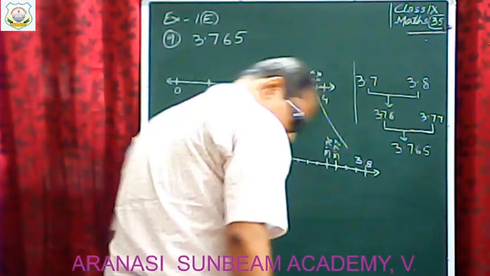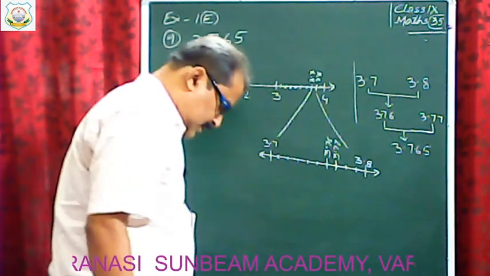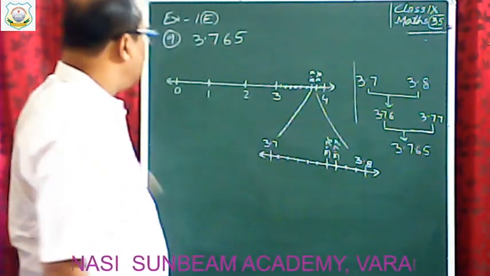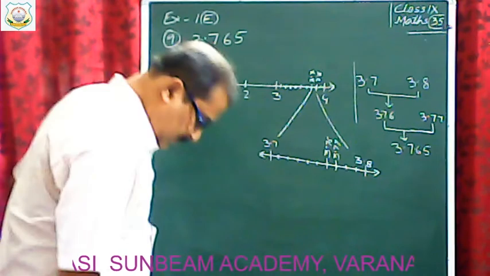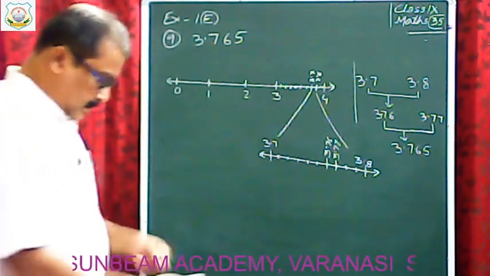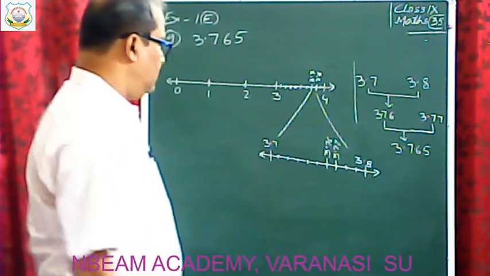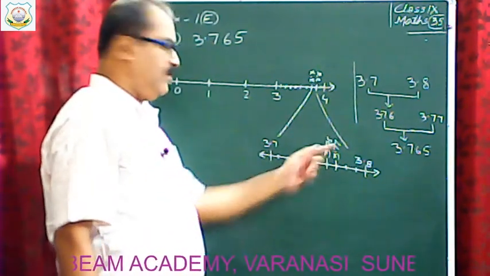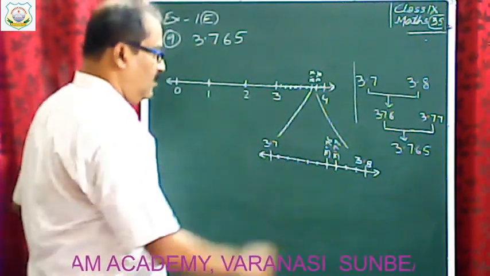So thereafter we have to represent 3.765. It lies between 3.76 and 3.77. Again, you have to magnify this.